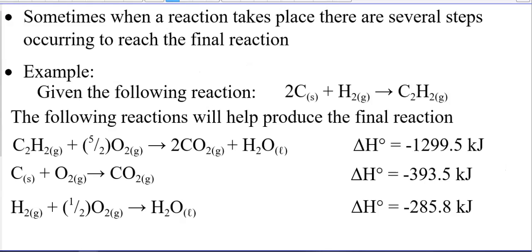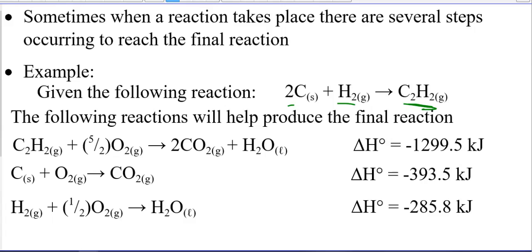So if you actually want to consider the formation of ethine, C2H2, it would require 2 moles of carbon and 1 mole of hydrogen gas. In this chemical reaction, it might take a while or it might be really hard to measure, but we can figure out the enthalpy by knowing similar reactions. So we happen to know that if you burn ethine, so you have a complete combustion of ethine, it should release almost 1,300 kilojoules of energy.